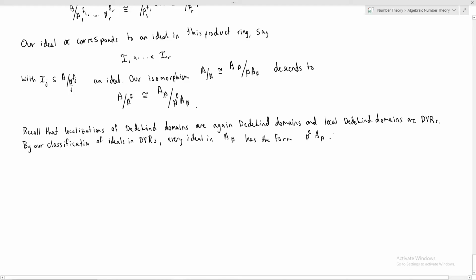What does it tell me? So ideals in this guy here correspond to ideals in A localized at P containing this thing. Okay. So what do we see?